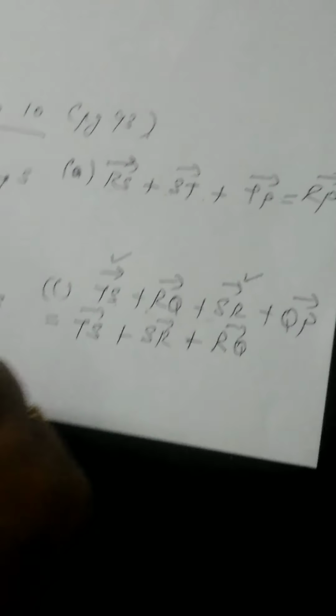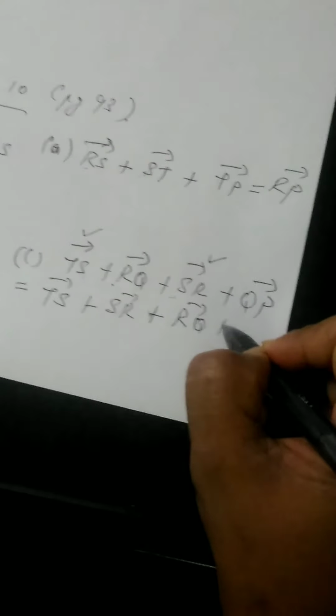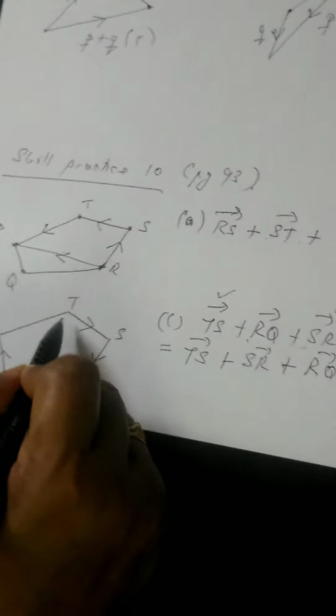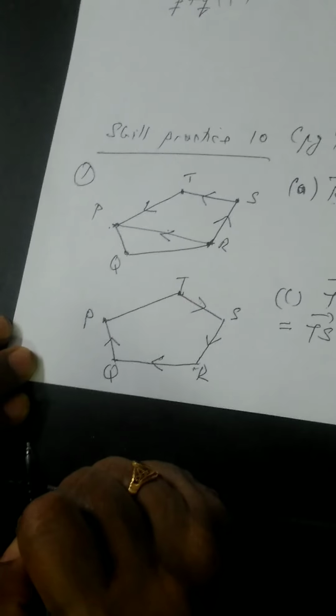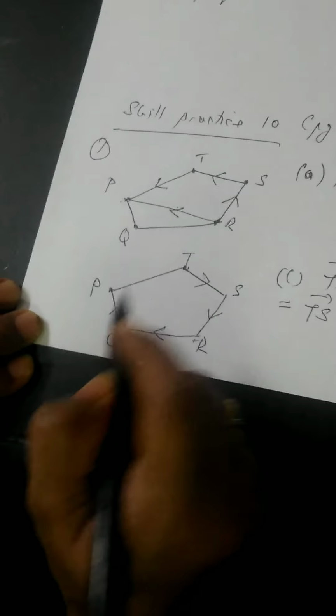Once it stops at R, I use RQ this way, and lastly QP this way. So my vector starts here, initial, and this is my terminal point. That means my resultant vector moves from T to P.